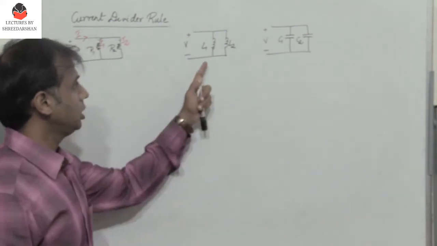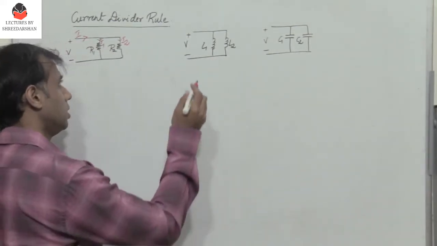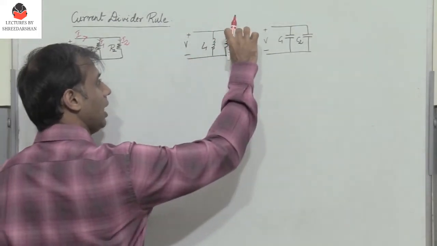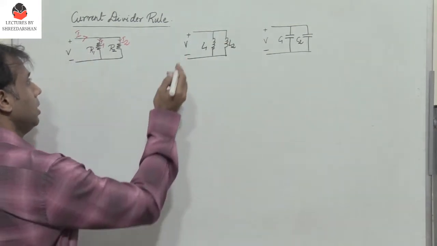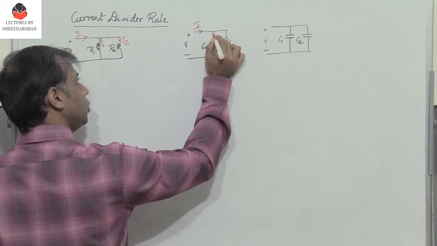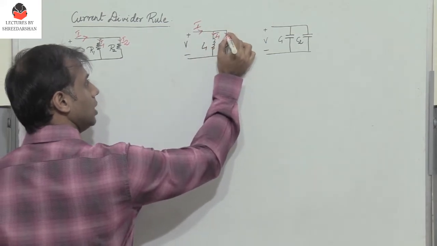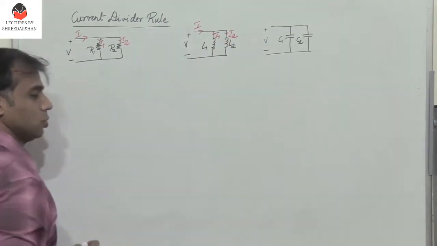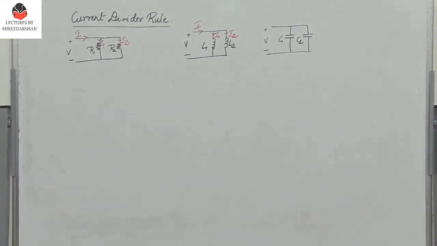So here again two inductors are connected in parallel. Therefore the voltage across L1 and L2 is V, and let the total current be I. I have current I1 flowing through L1 and I2 flowing through L2. Now what is the equivalent inductance?